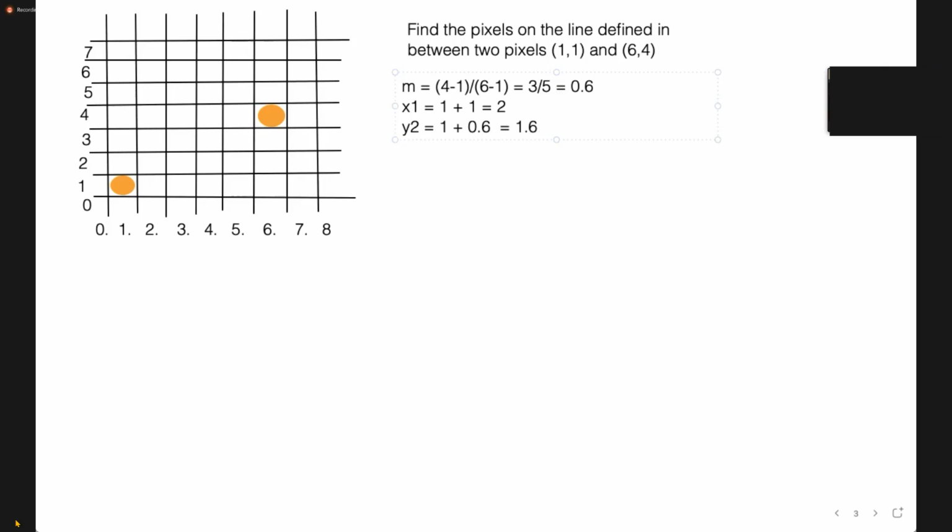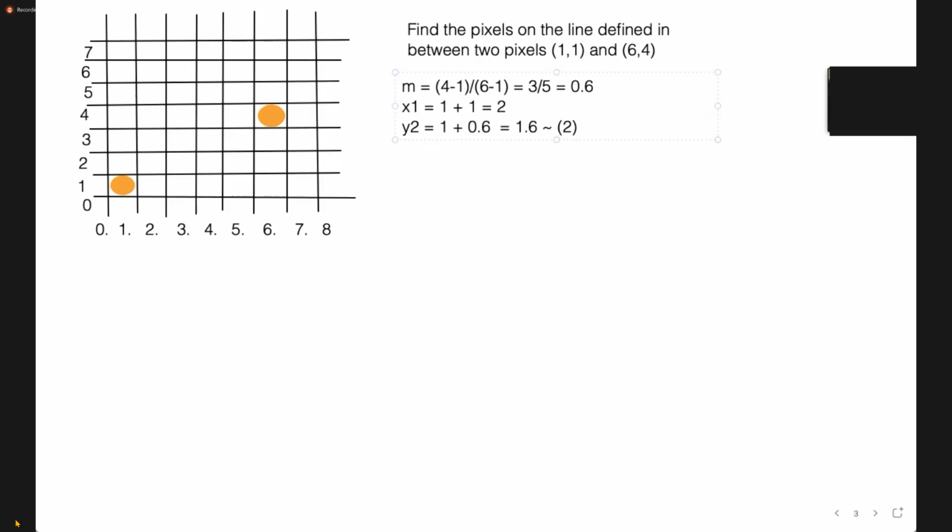That is 1.6. Now 1.6 we can approximately tell that is 2. 1.6 plus 0.5 is 2.1. Then the floor value is 2.